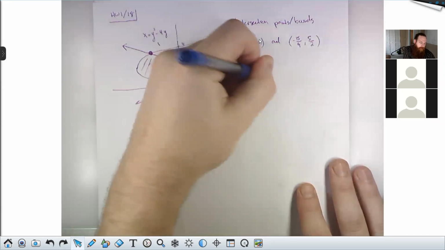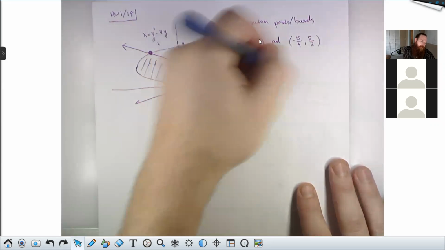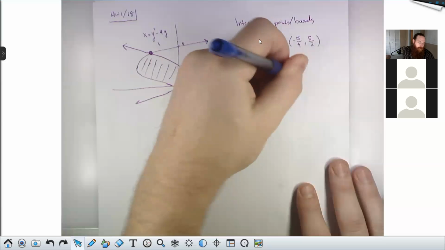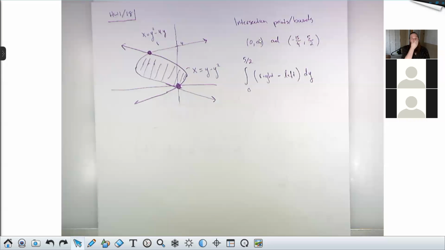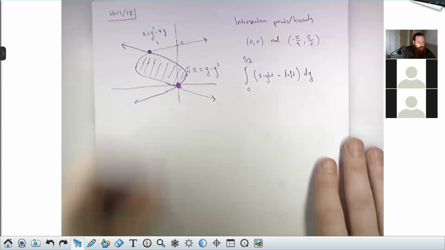And it will be the right minus the left. And it will be a dy integral. The rightmost function is y minus y squared. The leftmost function is y squared minus 4y.